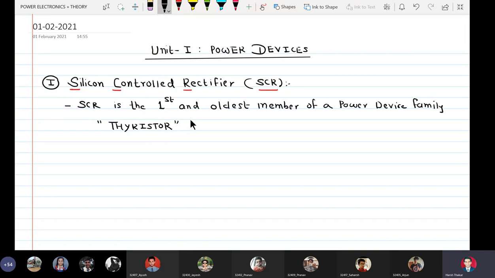Okay. So the first thing to understand is that SCR is the first and oldest member of a power device family called thyristor. Okay.